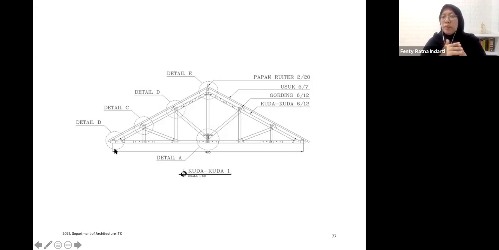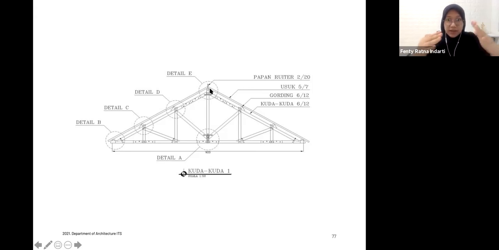Again, detail is something that is uncommonly found, or it's not something that is the same. So that's why you have to draw how it connects to each other. That's the detail. And then another thing is the detail E, which is usually found as well. Why is it important? It's because when you have a gable roof or even hip roof, these two surfaces must be finished.